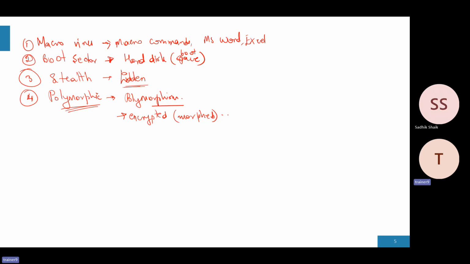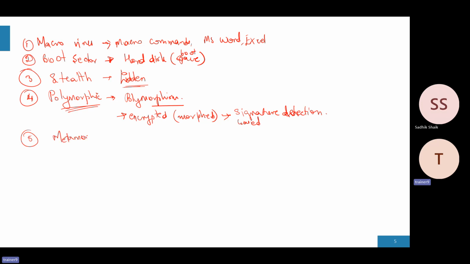This is useful for evading, for example, signature-based detection. The polymorphism takes care of creating new signatures based on that code, and it keeps propagating across systems. So that is another kind of virus that you have.